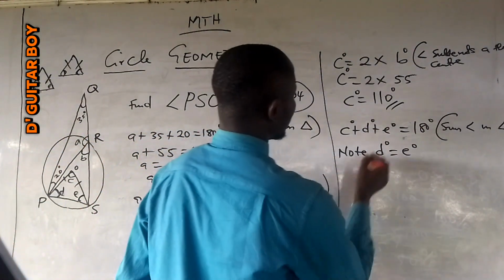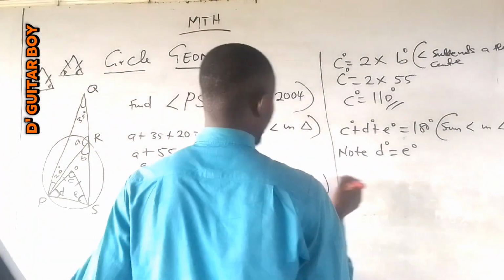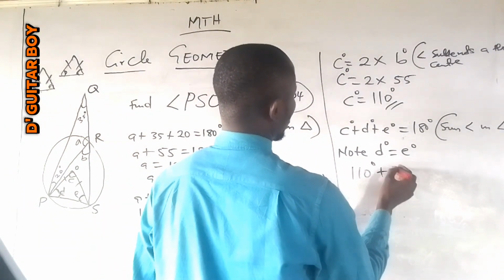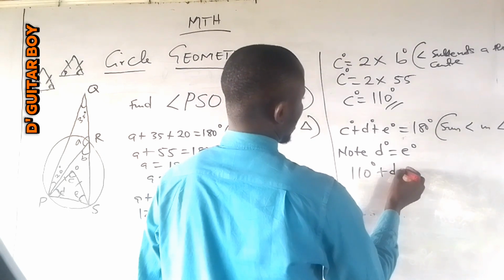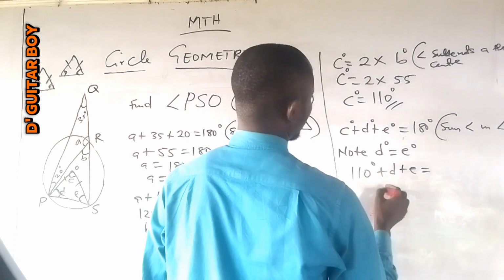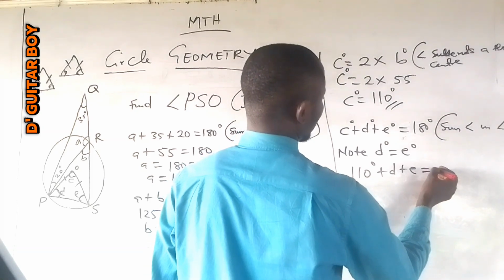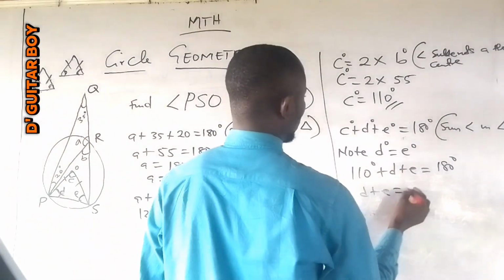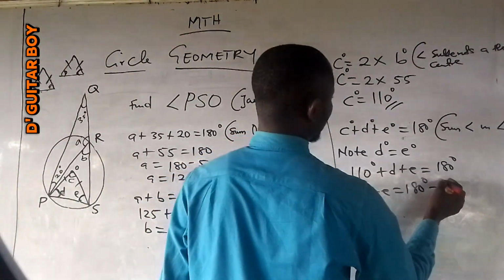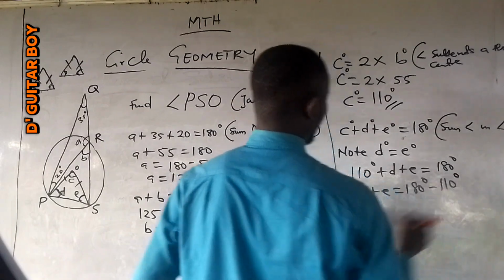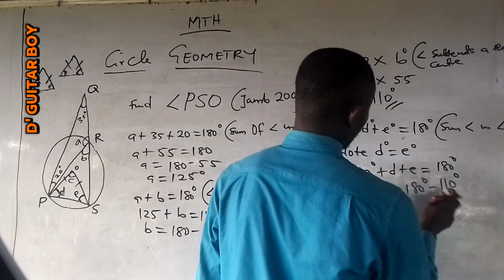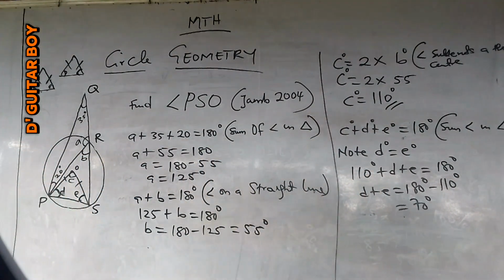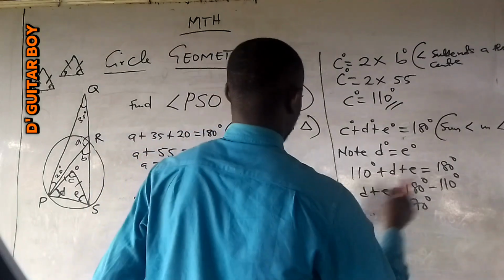So when you have something like this, then you write C. You already calculated C to be 110 degrees, plus D plus E equal to 180 degrees. So D plus E equals 180 degrees minus 110, which will now be equal to 70 degrees.